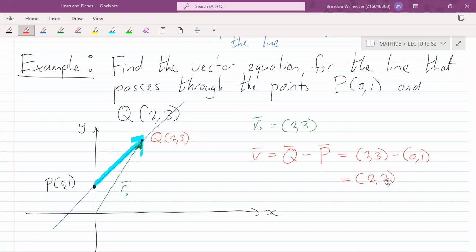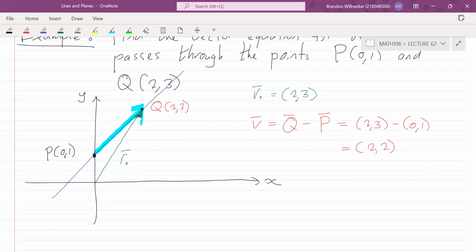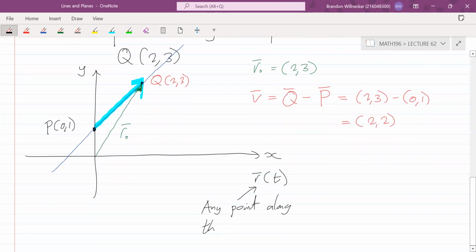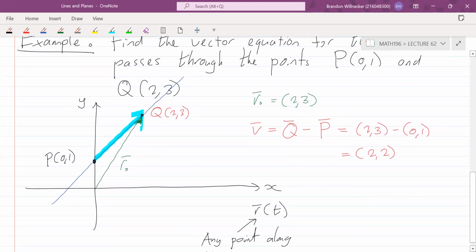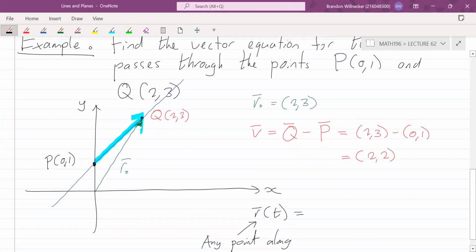Now, if we want to reach any point along this line, we can just say that r of t, which is any point along the line, is given by r naught plus t times v. Because remember, we scale v, and that moves us along the line.